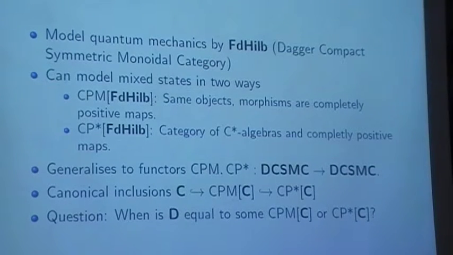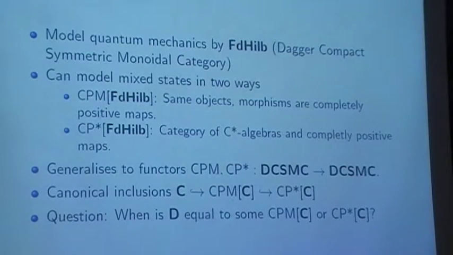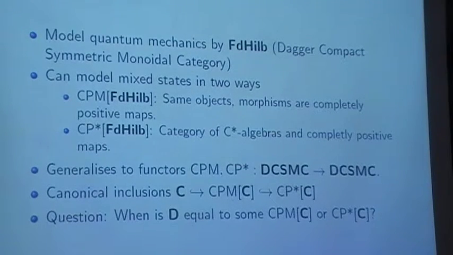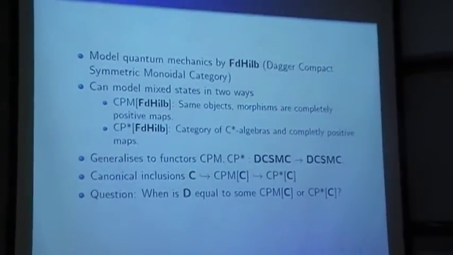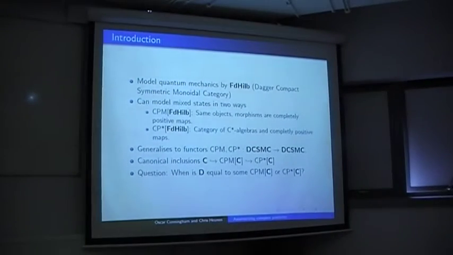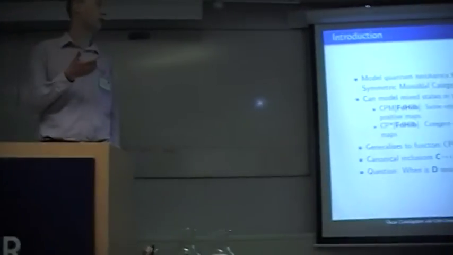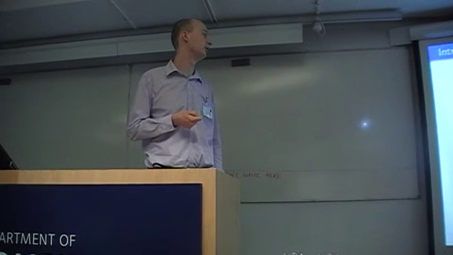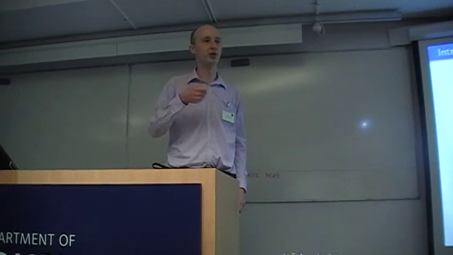So that means that your states are the density matrices, and the morphisms are the maps which preserve density matrices. And then another way of doing it is with CP star, which is the category of the C star algebras. And the C star algebras include all the quantum things and also classical systems as well. And again, you can define what it means to have a completely positive map between two C star algebras.